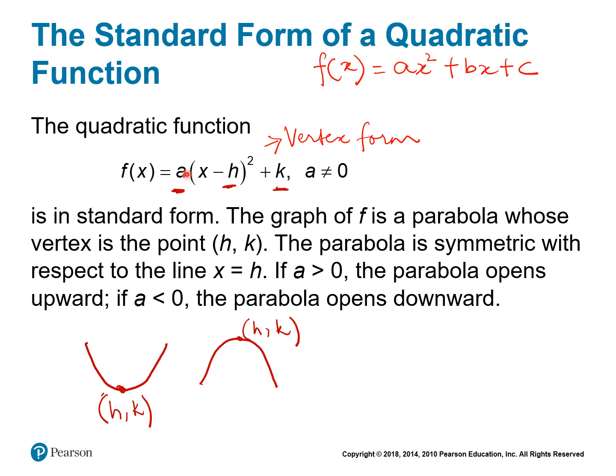And also the absolute value of a will determine whether the graph is going to be a narrow graph or a wide graph. So let's just read through the verbiage on the slide. It says the graph of f is a parabola whose vertex is the point h comma k.